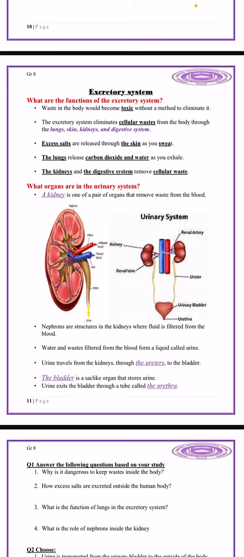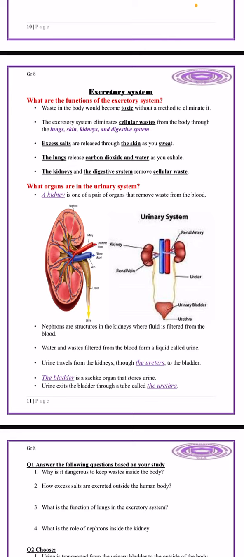I told you before, to know the function of the excretory system, you have to know what it can do and how it's important to the body. So the function of the excretory system is to expel or remove all the waste that could be toxic or poisonous to your body. Can you imagine that you don't have an excretory system, or your excretory system has dysfunction? Can you imagine what will happen?